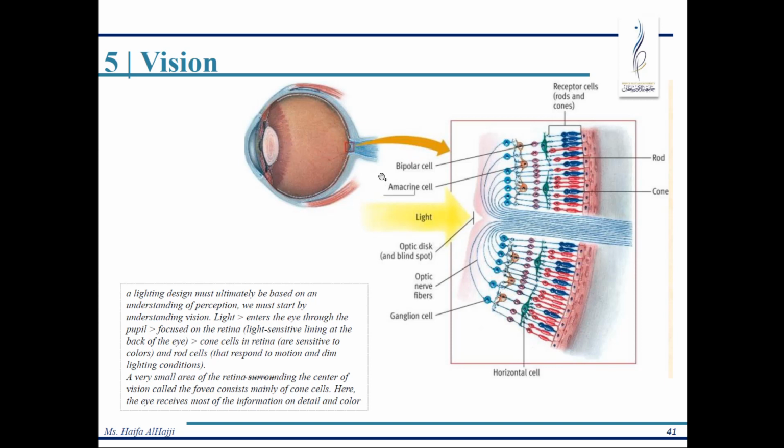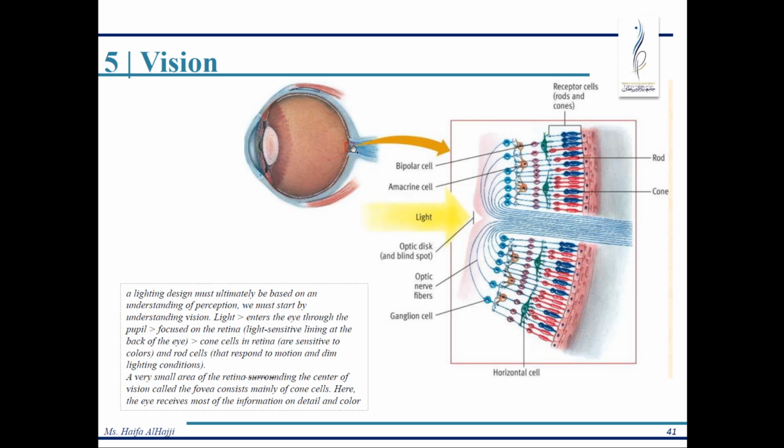Okay, and at the back of the eye, we have cells called cones and rods. We don't need to know them specifically, but we just need to know that the eye has certain cells at the center that can interpret the colors, and around it, further from the center, they can interpret only motion or slight detail.